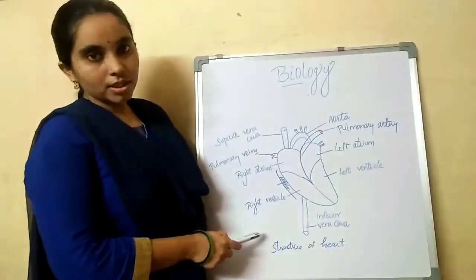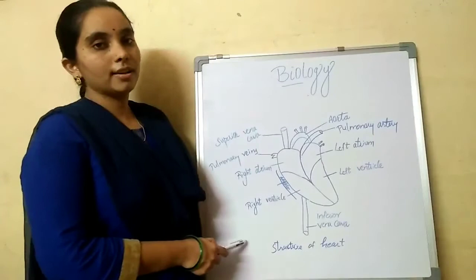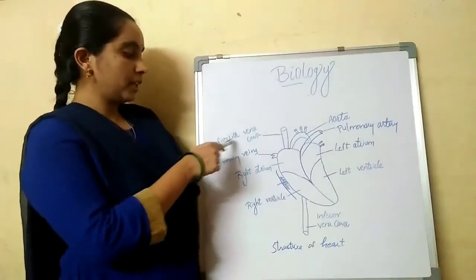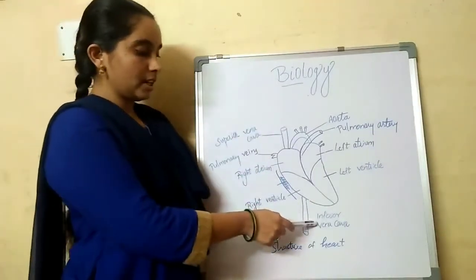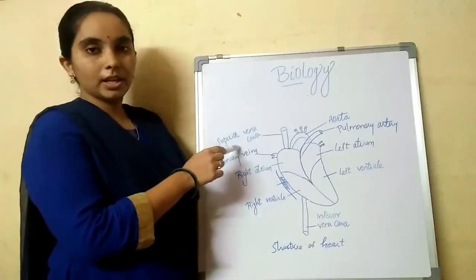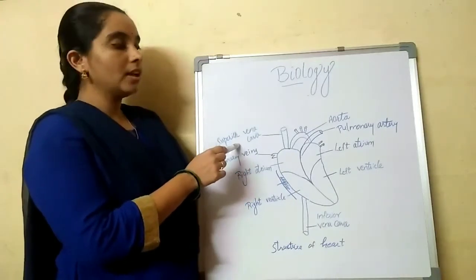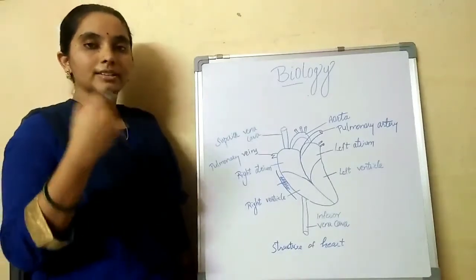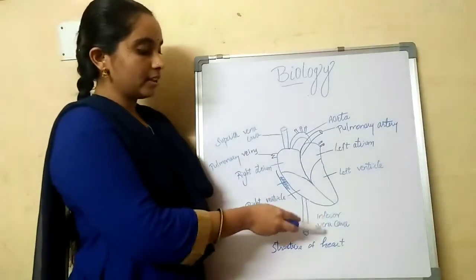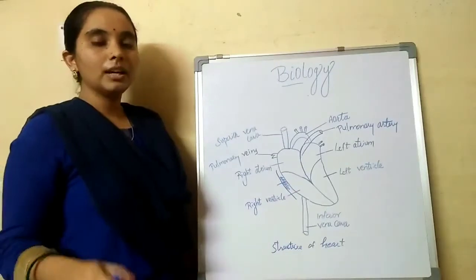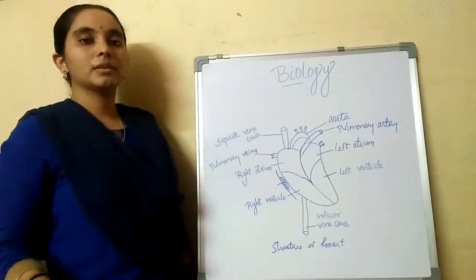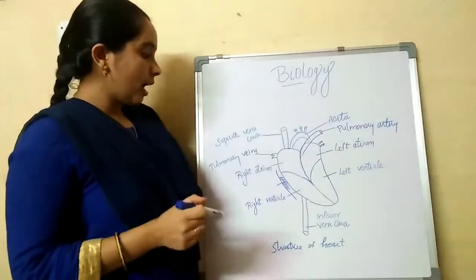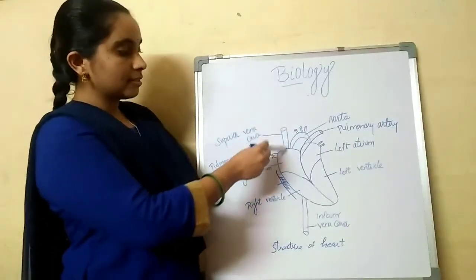The deoxygenated blood from our body is collected by the superior vena cava and inferior vena cava. The superior vena cava collects the blood from the upper part of the body, that is from your head, face, neck and all, and the inferior vena cava collects the blood from the inferior part of your body, that is from your limbs.